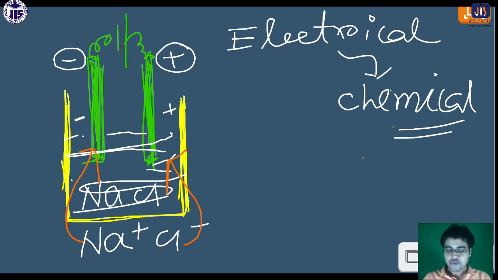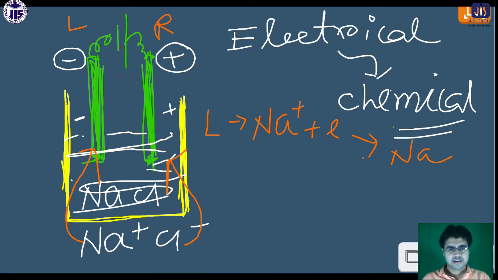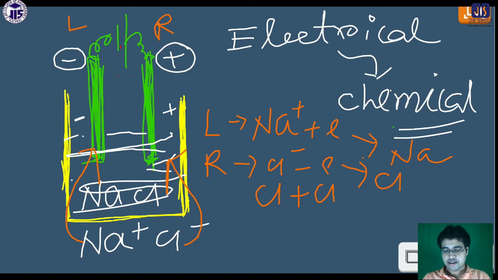Then there will be two reactions. Suppose this is the left hand side electrode and this is the right hand side electrode. For the left hand side, Na plus after taking one electron is converted to Na, a simple case. At the right hand side electrode, Cl minus, after losing one electron, is converted to Cl, and then Cl to Cl2.